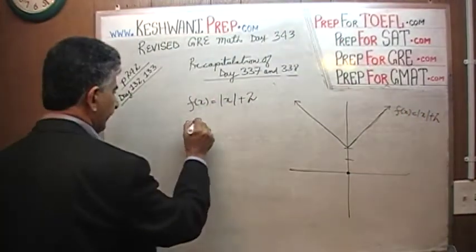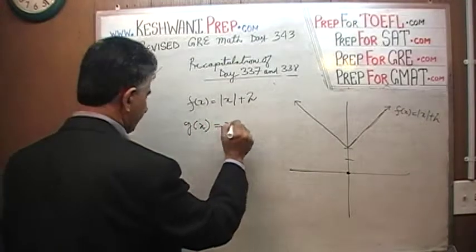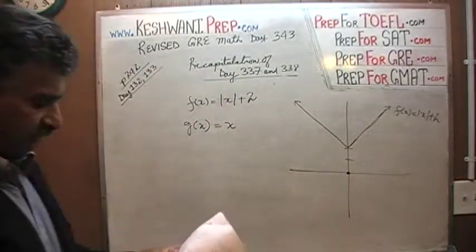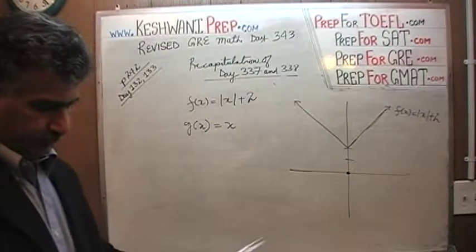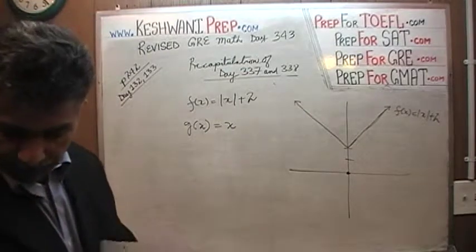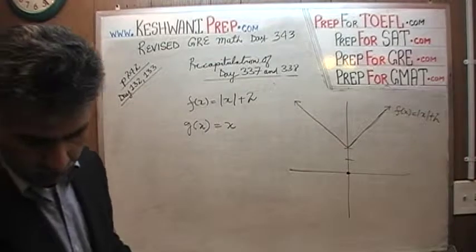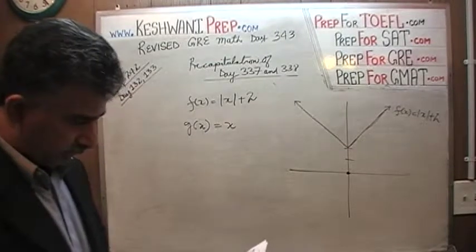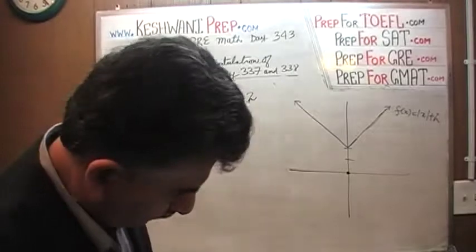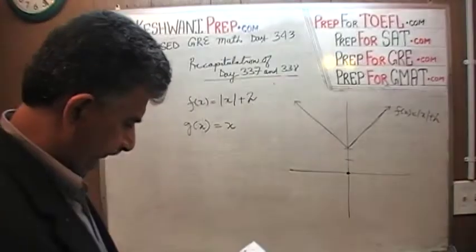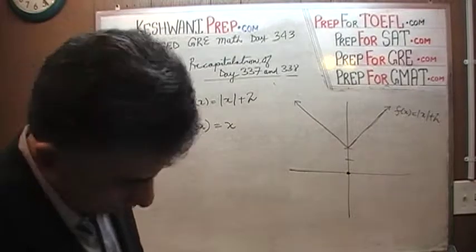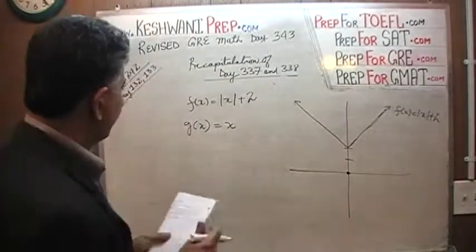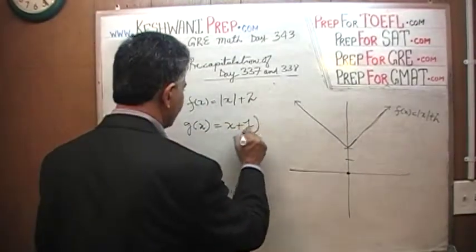Now deal with g of x. G of x is x plus 1, I believe it was. What is the second one? It looks like plus 1 from the graph. It is plus 1. So (x plus 1) squared.